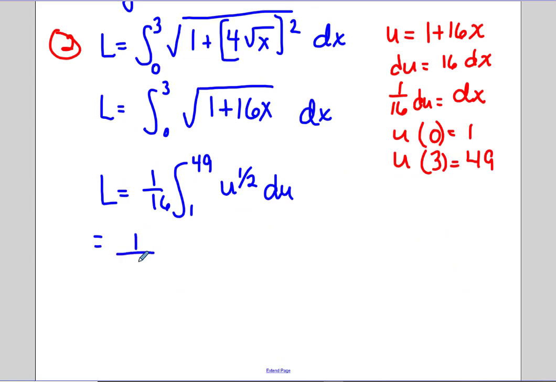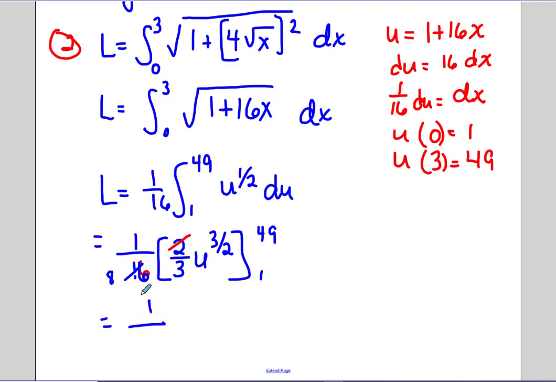So that's going to give us 1/16 times 2/3 u to the 3/2, evaluated from 1 to 49, and 2 divides 16, 8 times, so we got 1 over 8 times 3, that's 24, and we got 49 to the 3/2 power minus 1 to the 3/2 power.